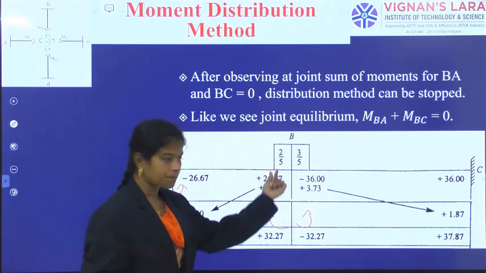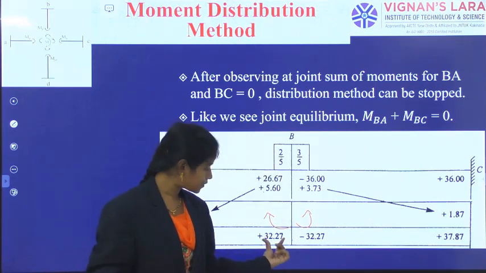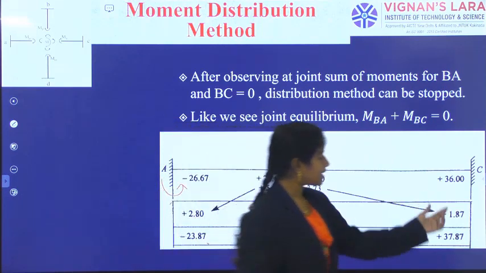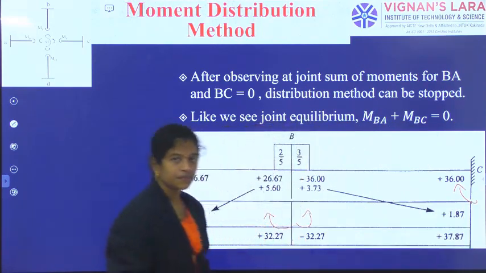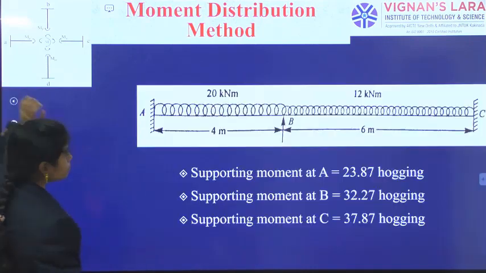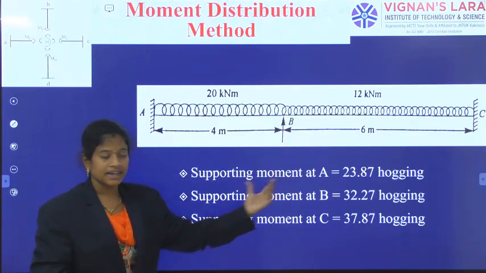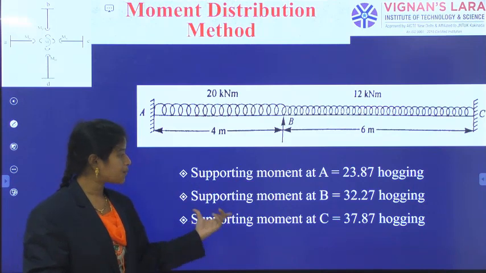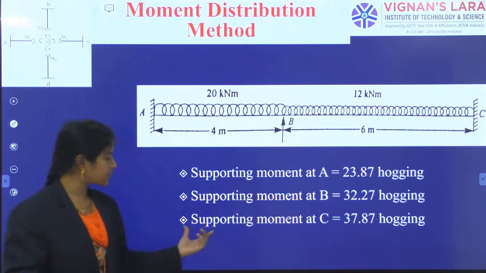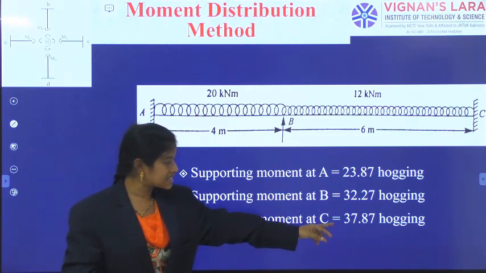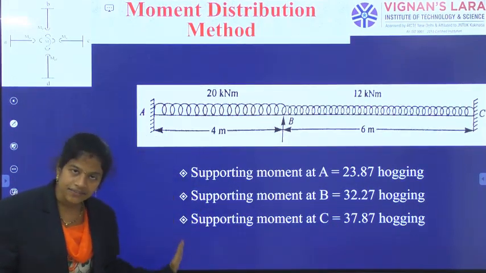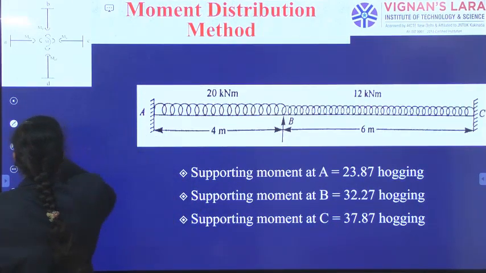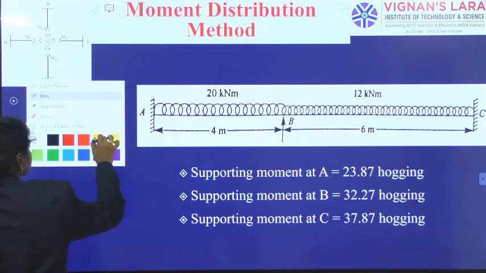And finally at B I am observing a hogging moment of 32.27, and at C a hogging moment of 37.87. In this way we are generating the moments. So the supporting moment at A is 23.87, at B is 32.27, and at C is 37.87. Okay, so we have given the indication for the support moments like this.